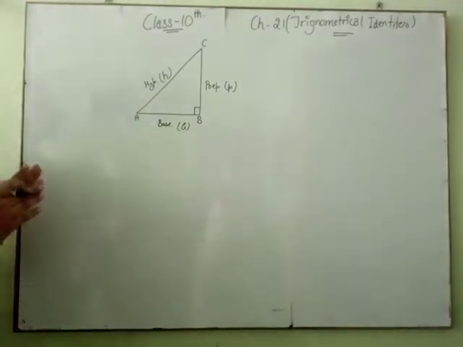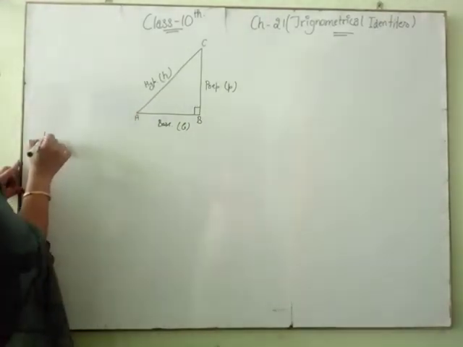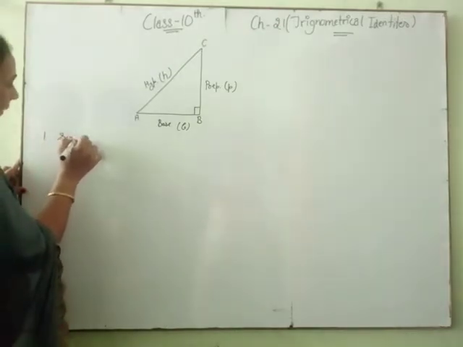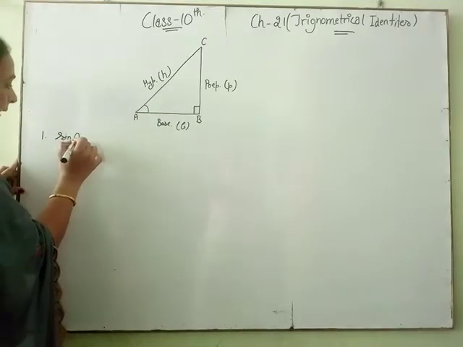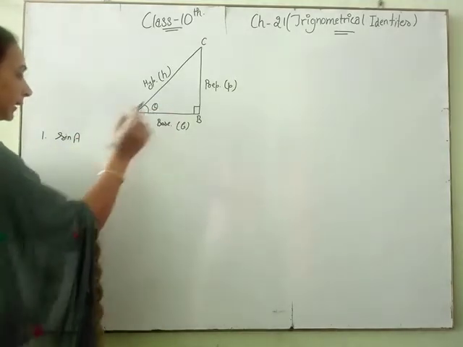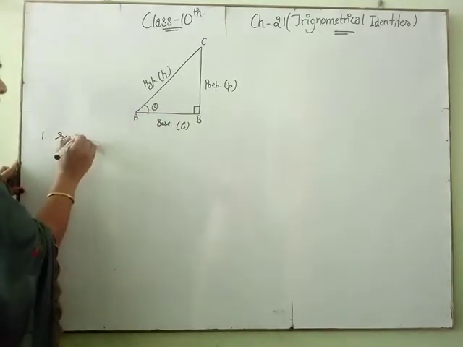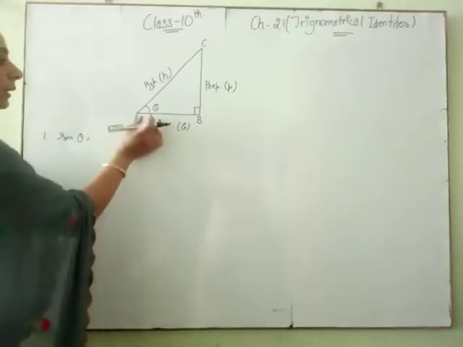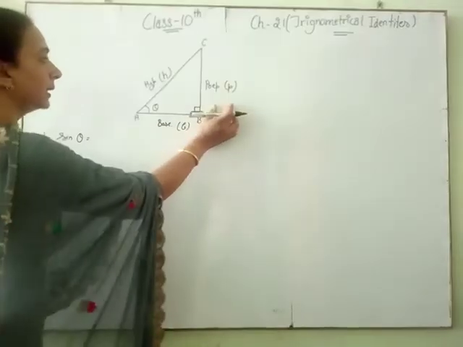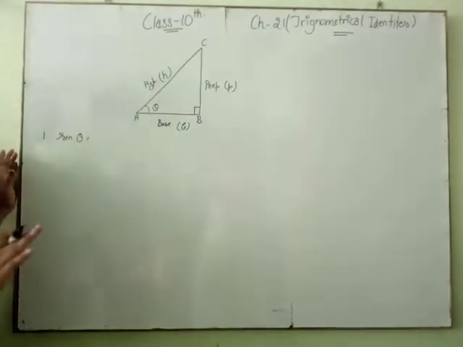There are 6 trigonometrical ratios. First is sine. Let we take this angle A, then sine A. If we take this angle theta, then we write theta here. According to this angle, we take a right angle triangle; this is base, this is perpendicular, this is hypotenuse.